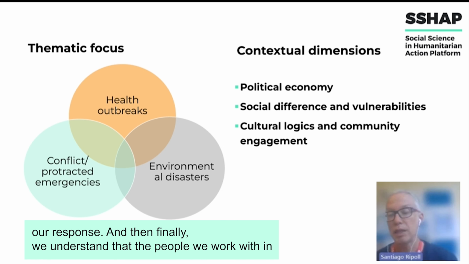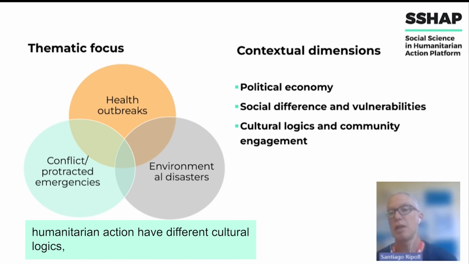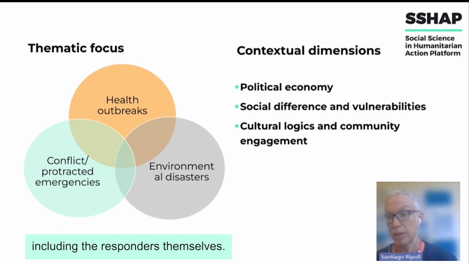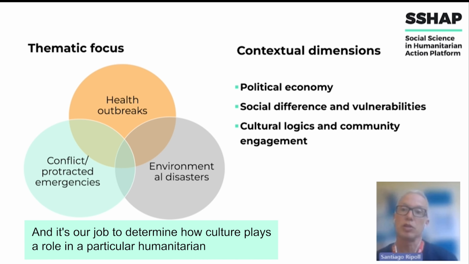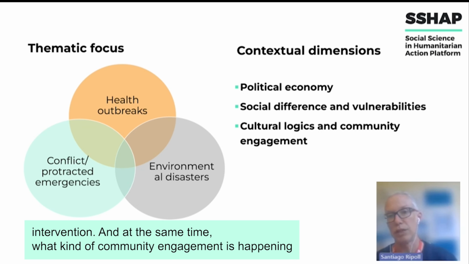And then finally, we understand that the people we work with in humanitarian action have different cultural logics, including the responders themselves. And it's our job to determine how culture plays a role in a particular humanitarian intervention.